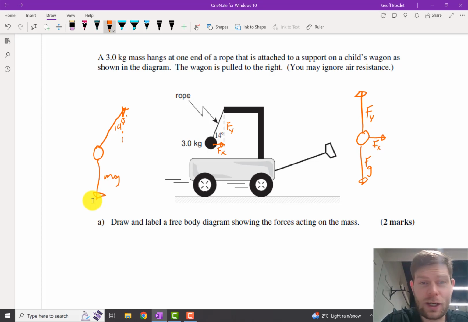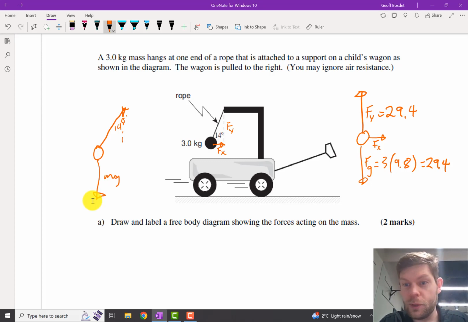It's not accelerating up or down, as it's being accelerated at a constant rate. Like it accelerates to that position and stays at that position. So Fy has to equal mg. Fg is 3 times 9.8, which is 29.4. So this will also have to be 29.4 because up has to equal down. It's not accelerating up or down.